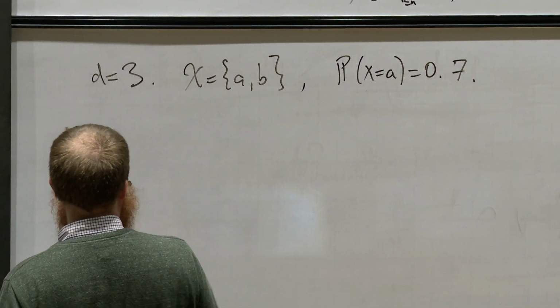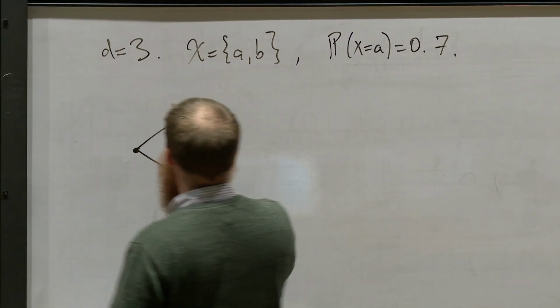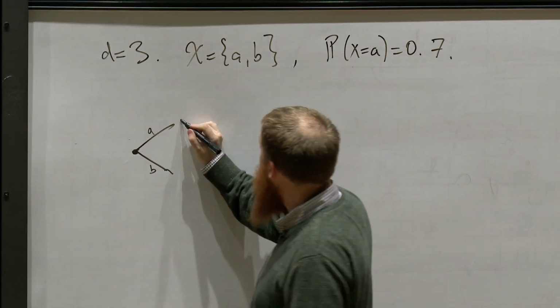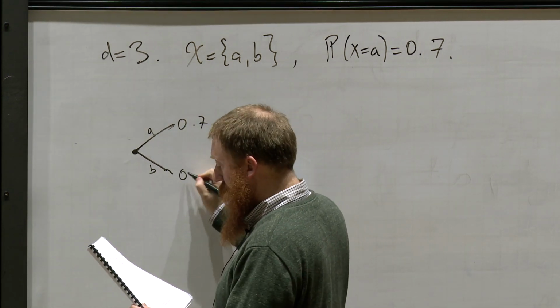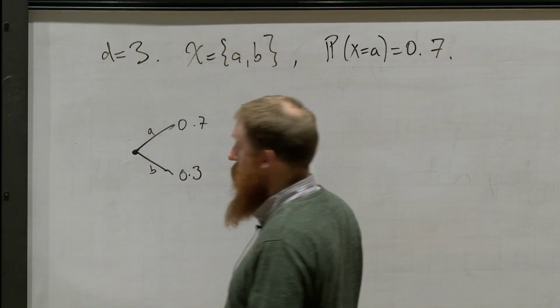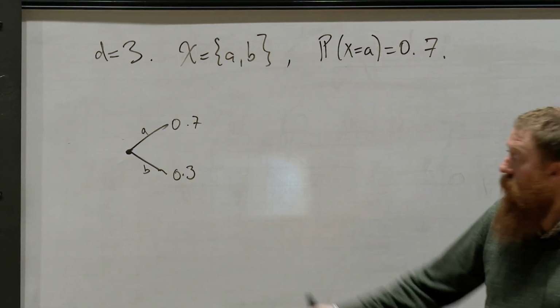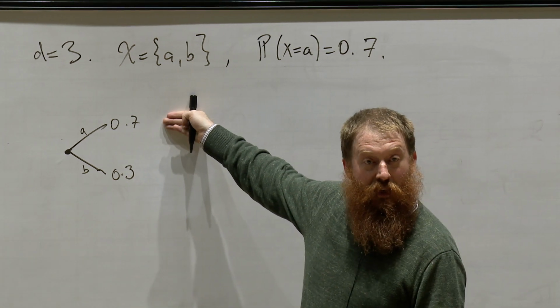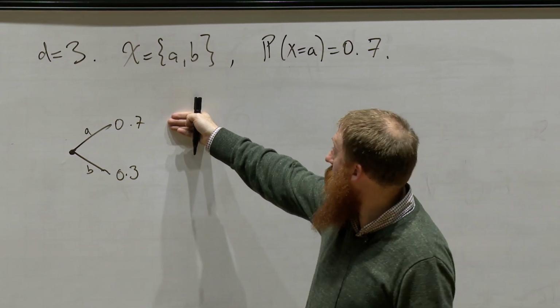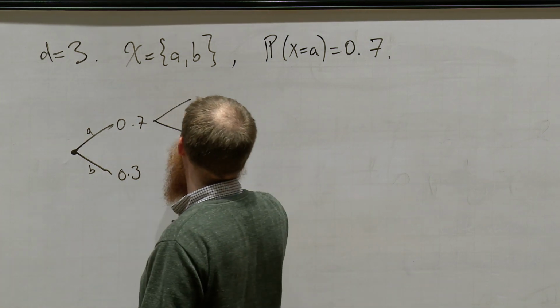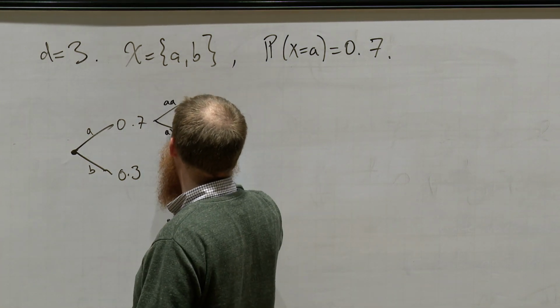So our first step, I start with the code words A and B, and these have probabilities 0.7 and 0.3. So what am I going to do? I find the most likely code word, here it is, and I split it into, in our case, two options, A and B. So this is AA and AB.